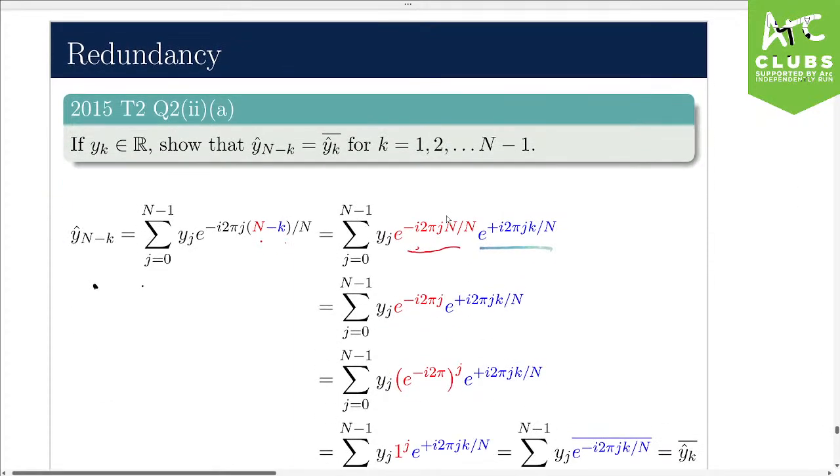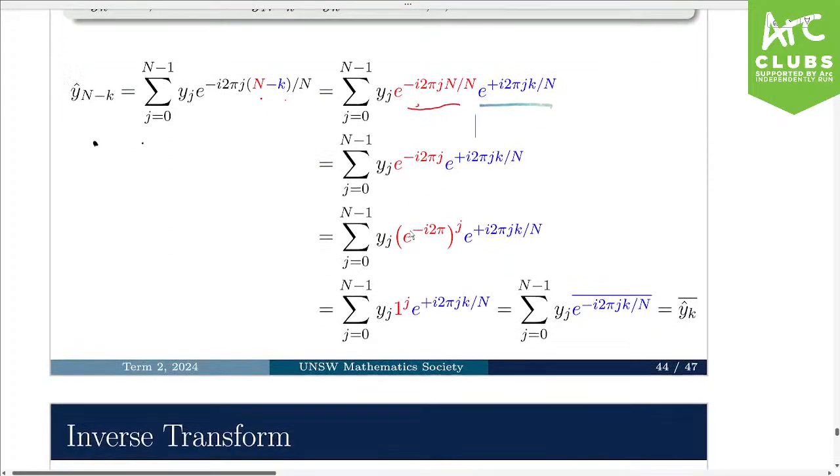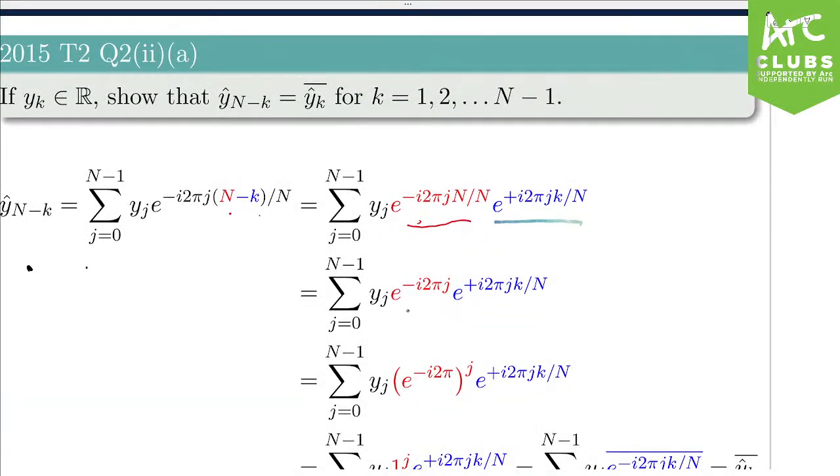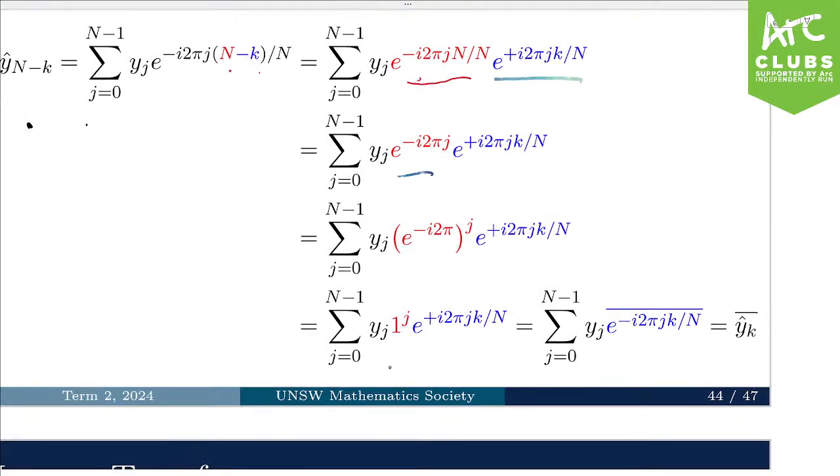And then after a few calculation steps, we find that this bit is just equal to 1.